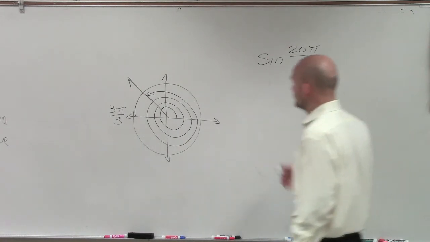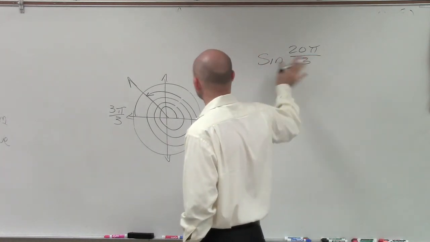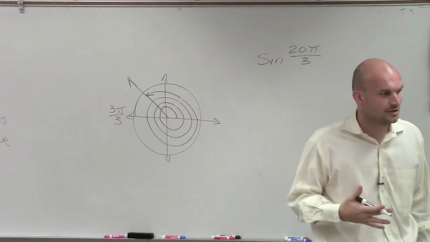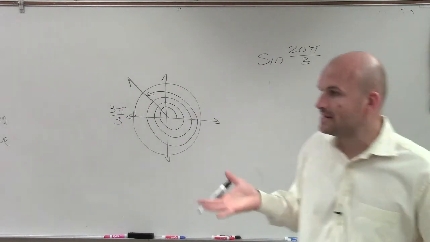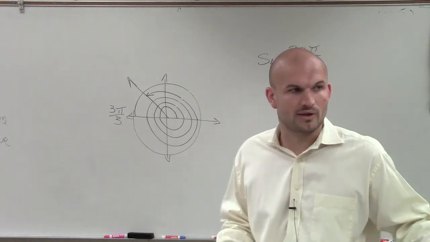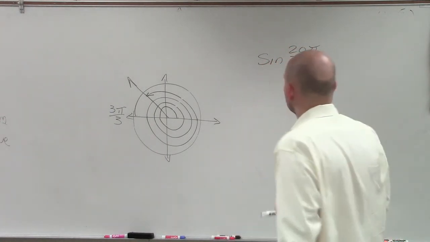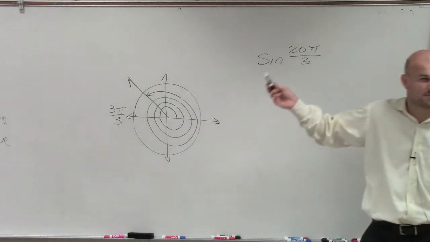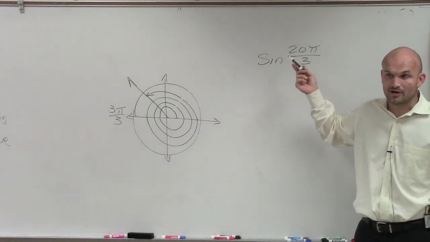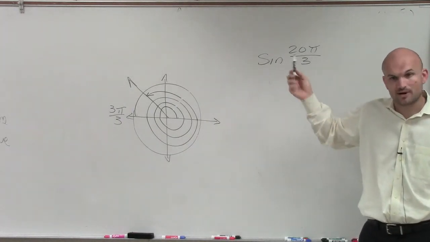So what I like to do is, ladies and gentlemen, what we do is called finding the coterminal angle. What I want you to do is rewrite 20 pi over 3 in terms of its coterminal angle, the smallest positive or negative coterminal angle. If I had 20 pi over 3, if I want to find the smallest coterminal angle, I'm not going to add 2 pi, right? I would want to subtract 2 pi.